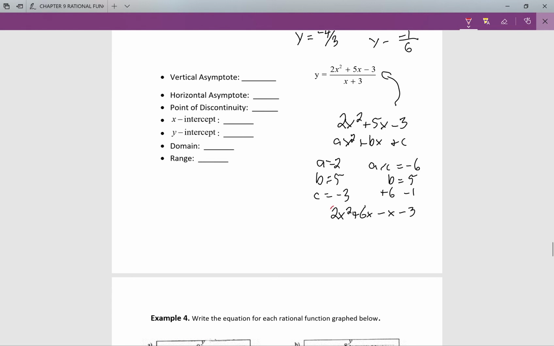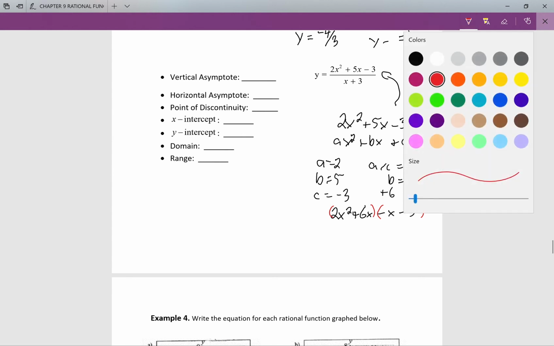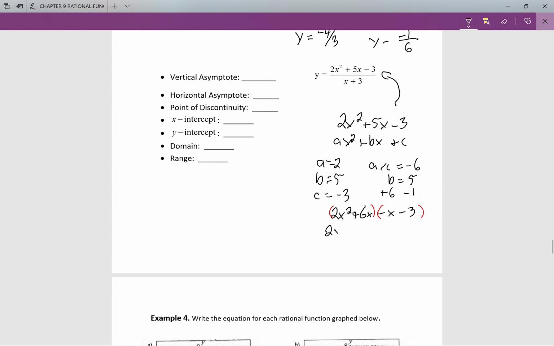From here, I bracket off the first two and the last two terms. I then factor out the greatest common factor for my first two, which would be 2x, x plus 3, and then the minus 1, x plus 3. I then factor the x plus 3 out of both of them, and we get x plus 3, 2x minus 1.